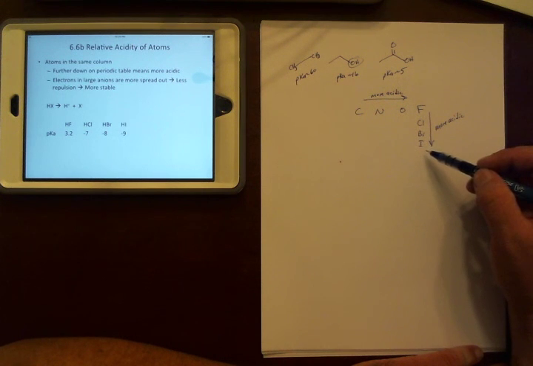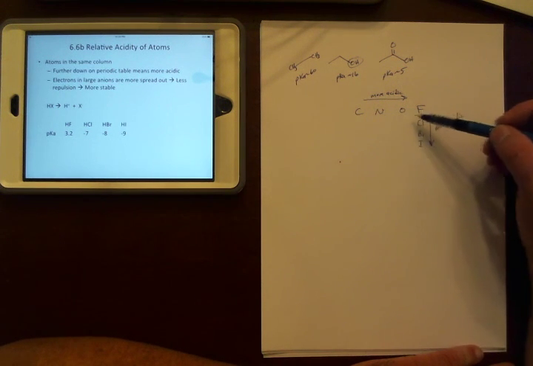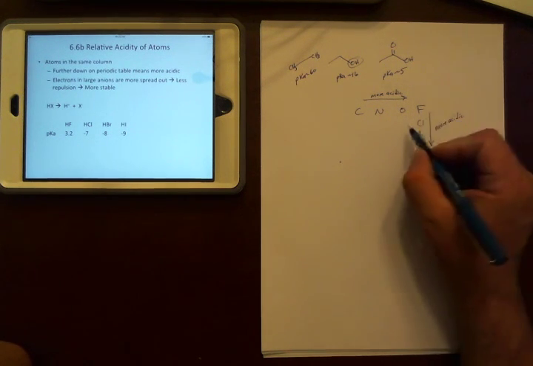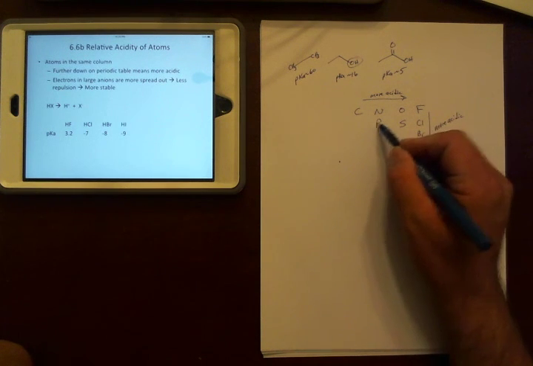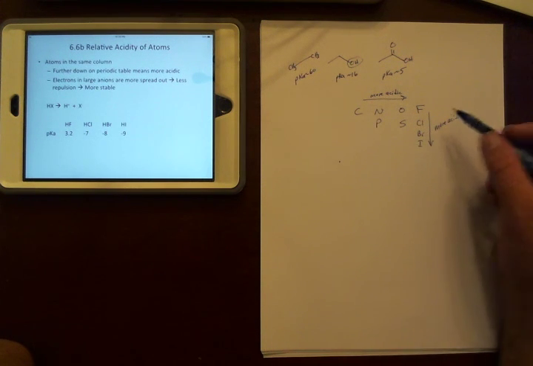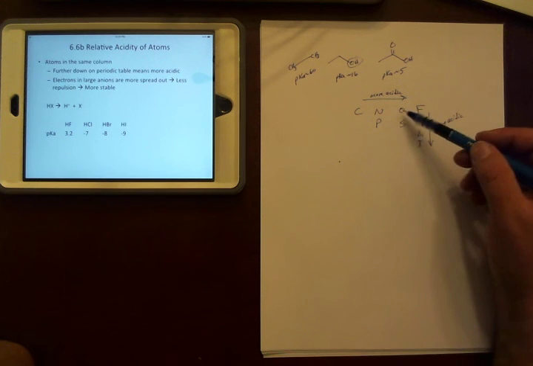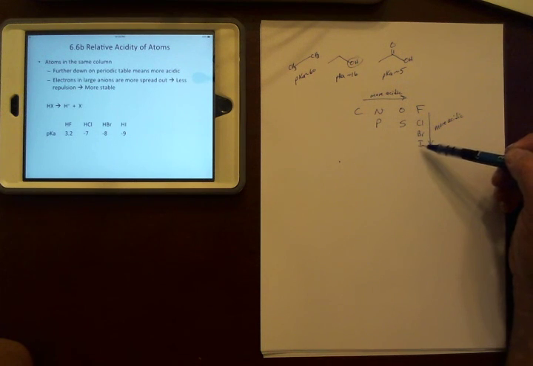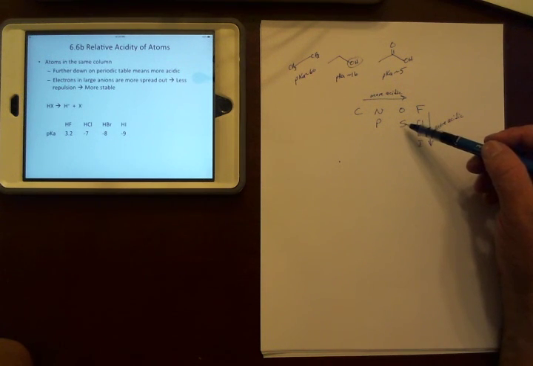If you do water versus hydrochloric acid, the hydrogen on the chlorine is going to be more acidic. Comparing oxygen to sulfur, an SH bond is going to be more acidic than an OH bond.